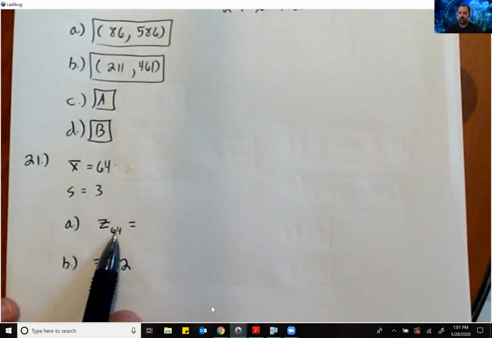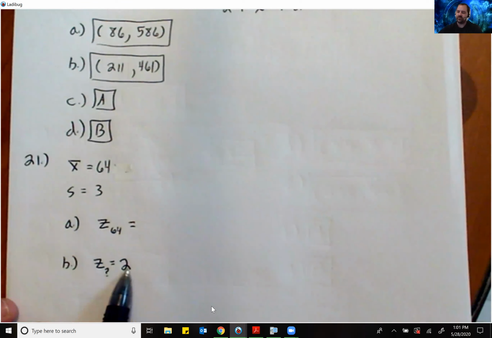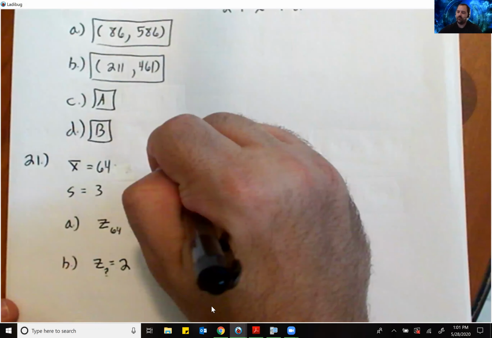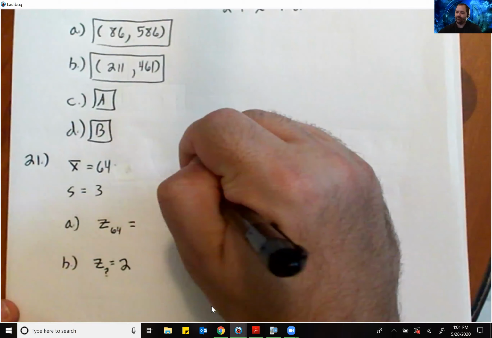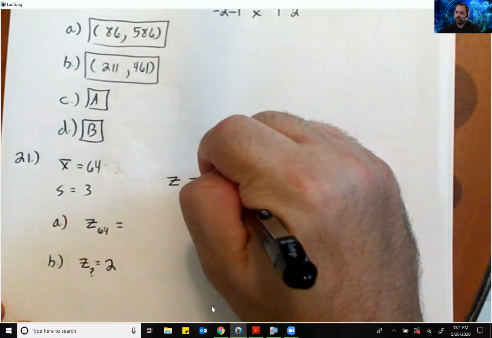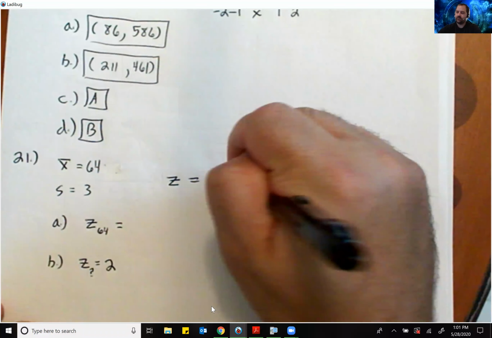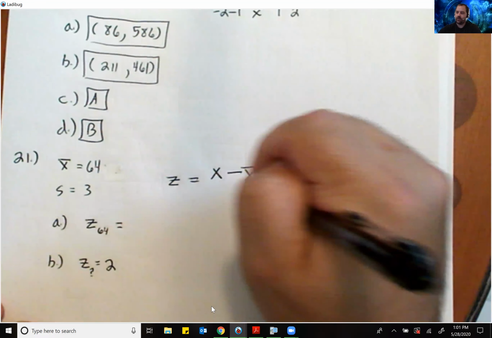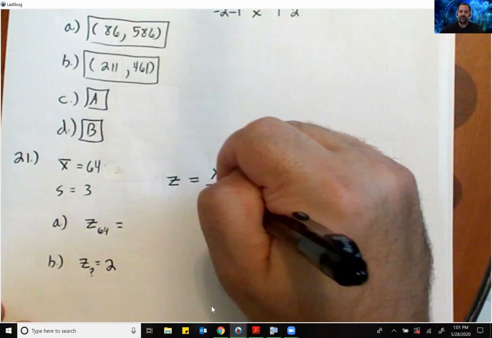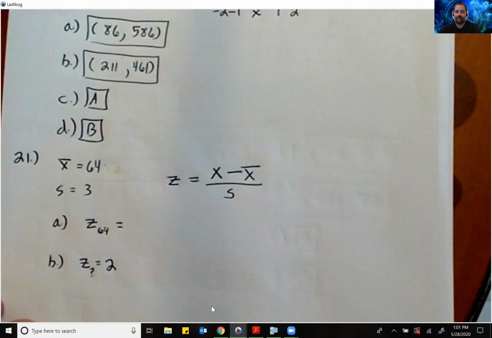And then we want to know what is the height when the z-score was 2. Remember, z-scores are found with this formula: your data value minus the mean all over the standard deviation. Does that make sense? This is just plugging and chugging and solving a formula. That's all this is.